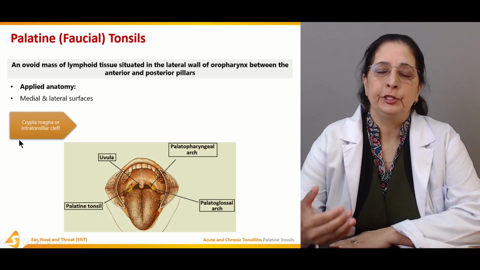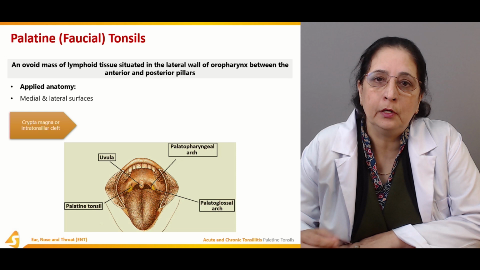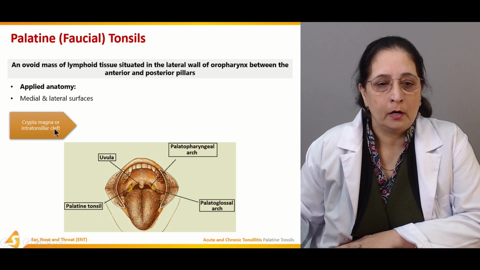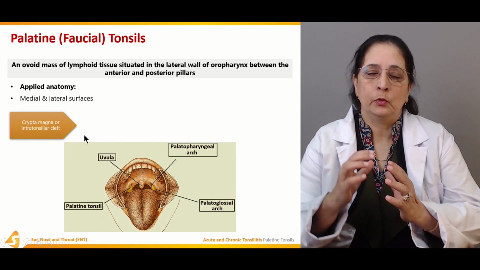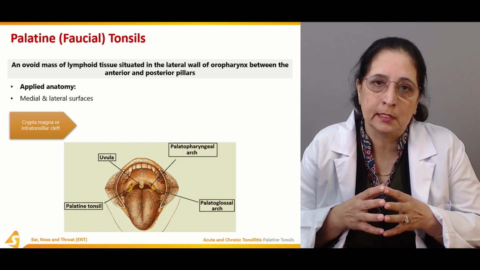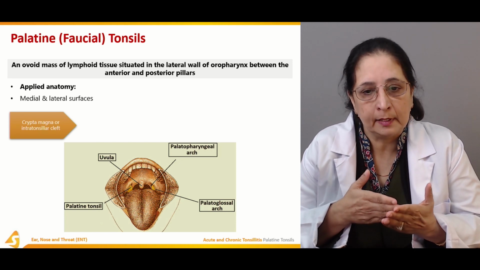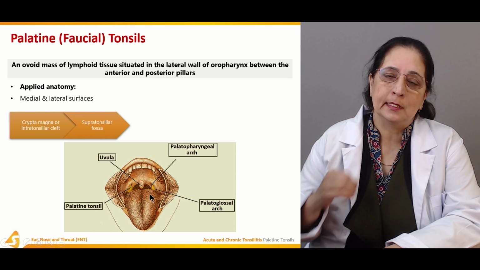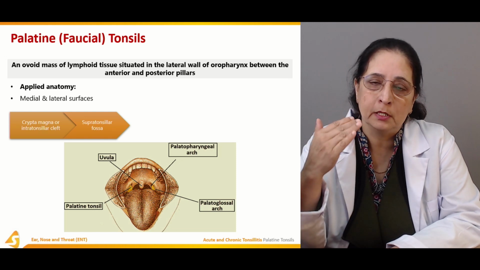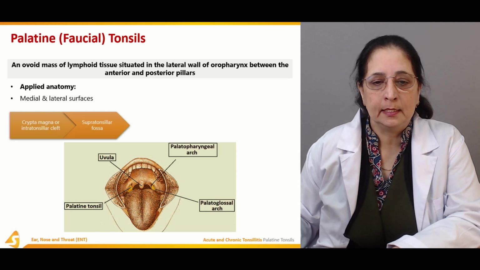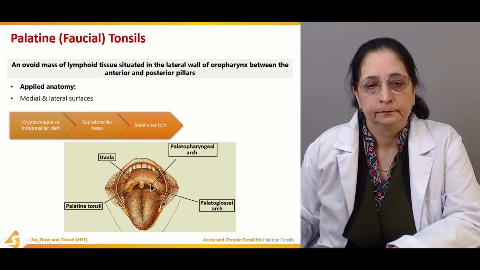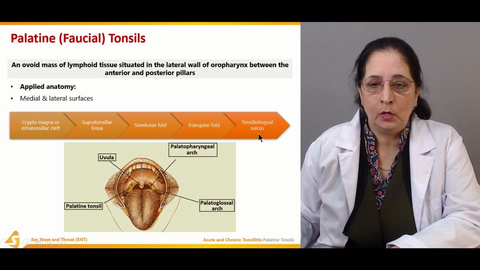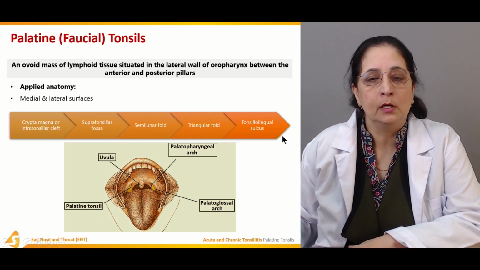And then other features of the applied anatomy of the palatine tonsils: they have crypta magna or intratonsillar cleft, inside the tonsil. Then there is also the supratonsillar fossa, up on the upper part of the tonsil. Then there is the semilunar fold, triangular fold, and the tonsillolingual sulcus.